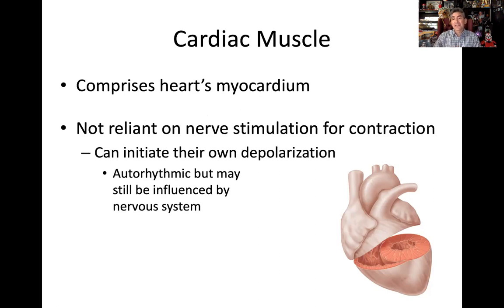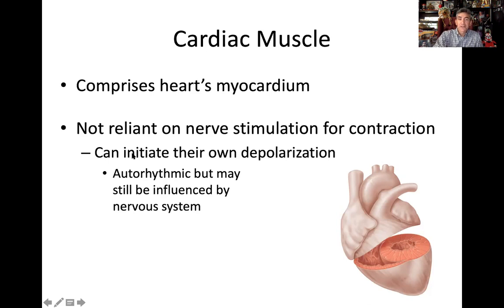Cardiac cells can initiate their own depolarization. Ooh, and there's a word that should mean something to you. Again, a lot of you forgot the electrochemistry of these cells. So again, something that we'll review a little bit, but I hope you can go back and remember that, refresh your memory with the Khan Academy video.